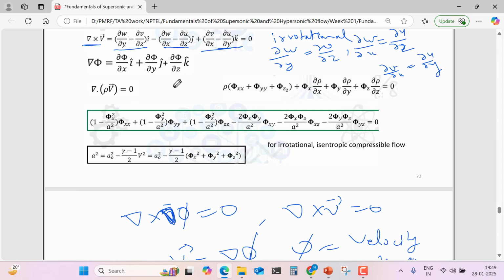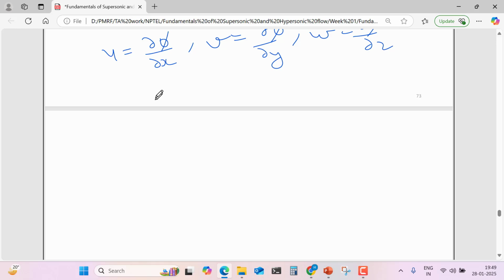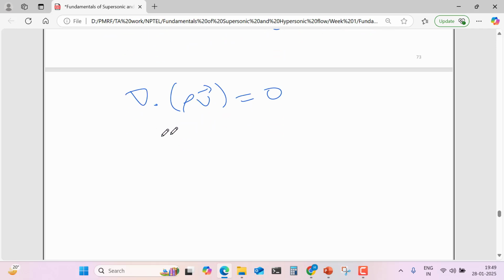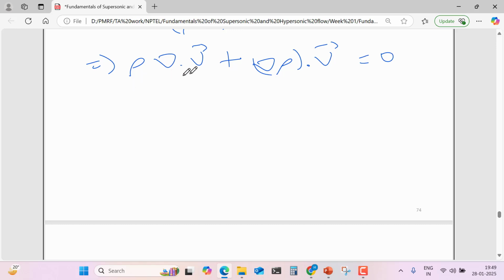Now for steady flow, continuity will be del dot rho V equal to 0. It can be written as rho del dot V plus del rho dot V equal to 0. Del dot V is nothing but del square phi.